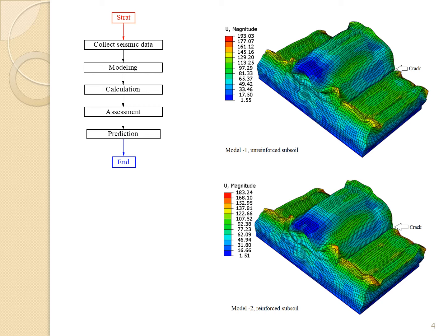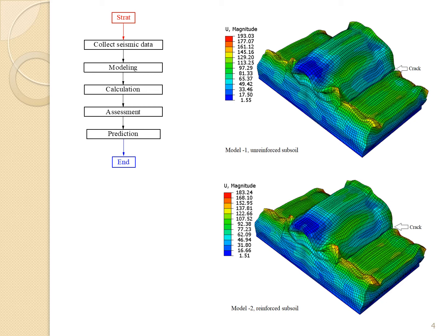Let's move to the results we have here from the finite element method. At the top, we have a maximum displacement of 193 in the vertical direction, and in the second picture the displacement is 183. So 10 is the reduction in displacement when the subsoil is reinforced. That's one.